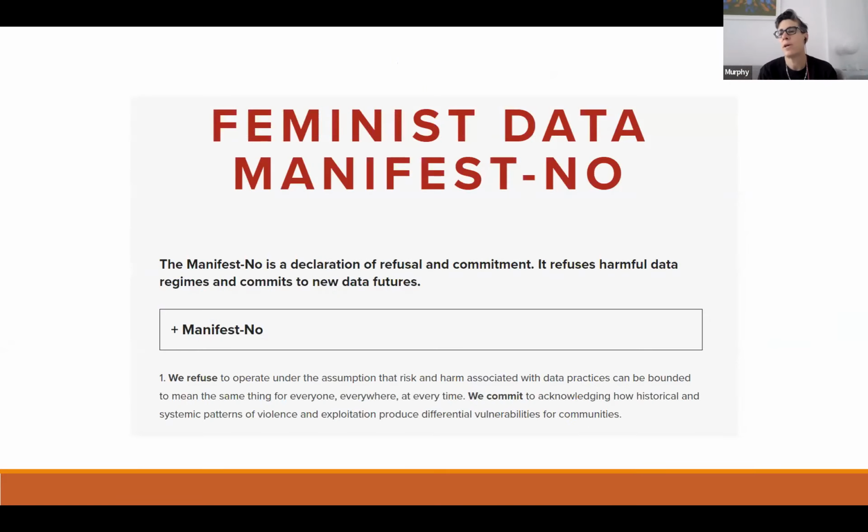I also want to point out the Feminist Data Manifesto, which highlights that our ethical responsibilities are also about what we don't want to be reproducing, what we don't want to keep doing, and not just how we add practices to what we're doing.